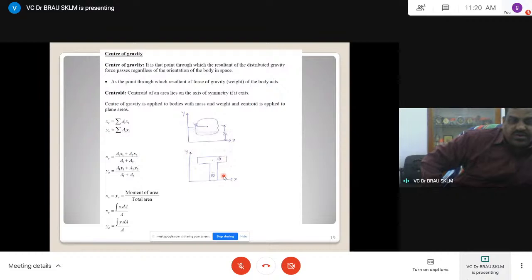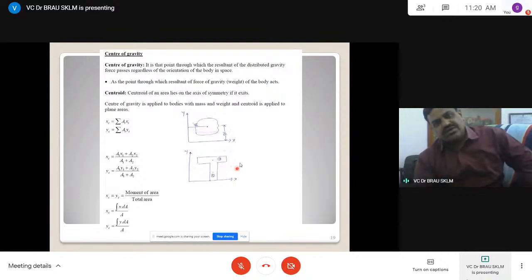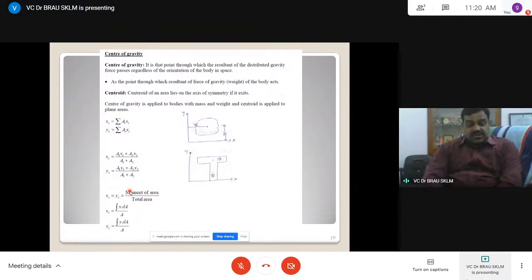A1 plus A2 is the total area. Integral of x dA and y dA. It is a continuous system. If it is a particular uniform cross section like this, you can use a summation. Otherwise it is an integral. So this is how the center of gravity and centroid concepts are applicable and how it is derived.